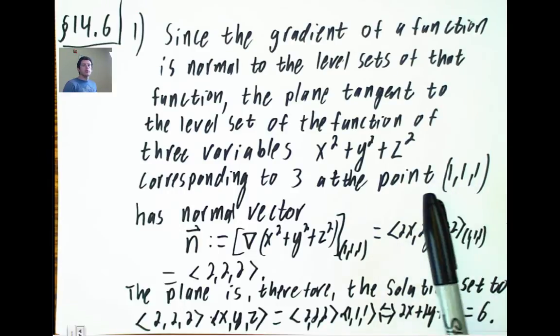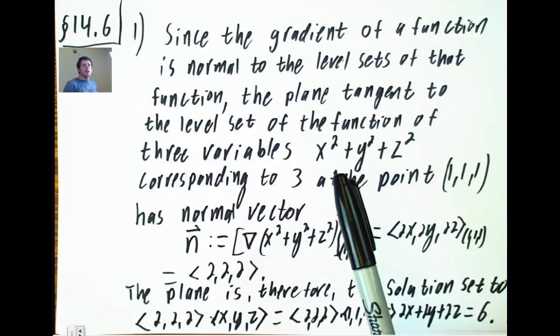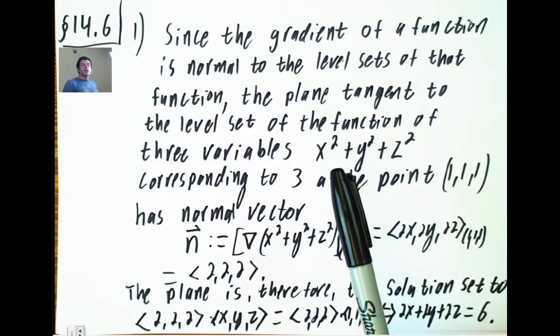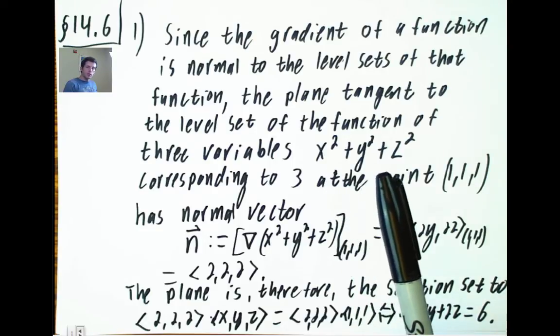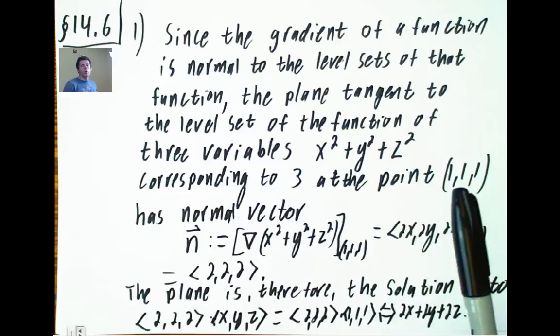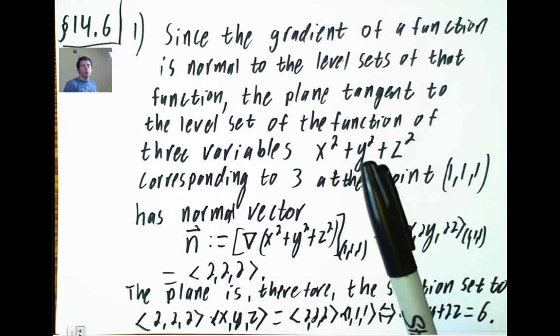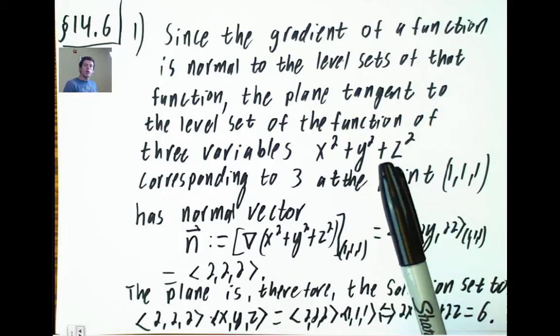So really the textbook is saying find an equation that describes the tangent plane to the level set of the function x squared plus y squared plus z squared at the point 1, 1, 1. And of course you put 1, 1, 1 in there, you get 1 squared plus 1 squared plus 1 squared.